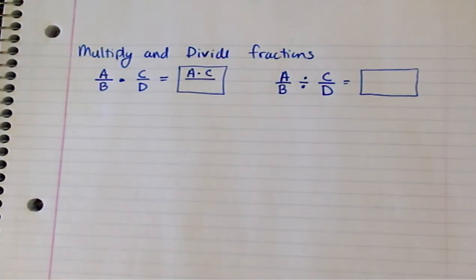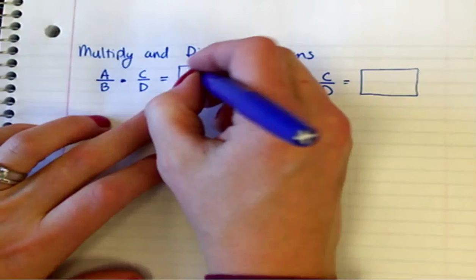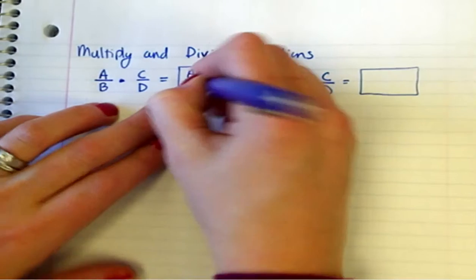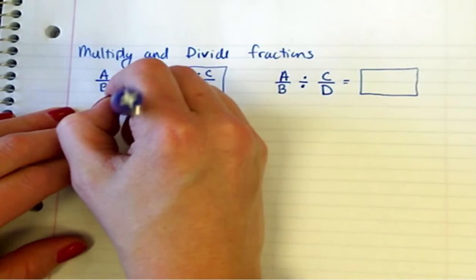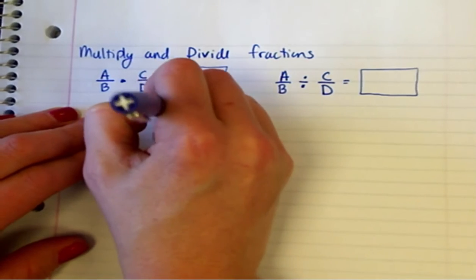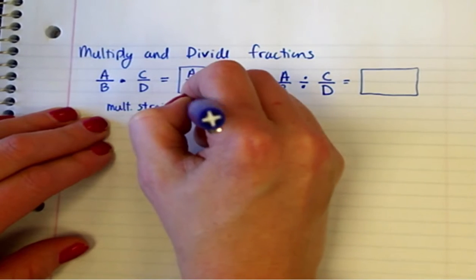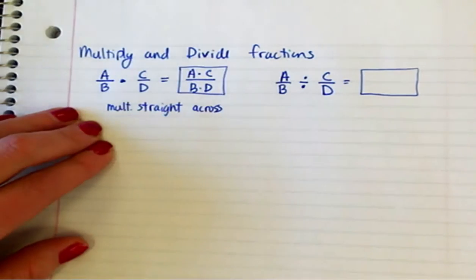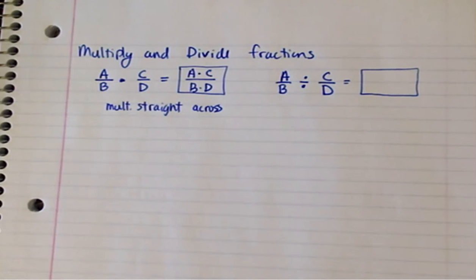You just multiply the numbers straight across. We just did that with radicals. Right? We had radicals that were fractions. You just multiply straight across. Okay. How about divide?